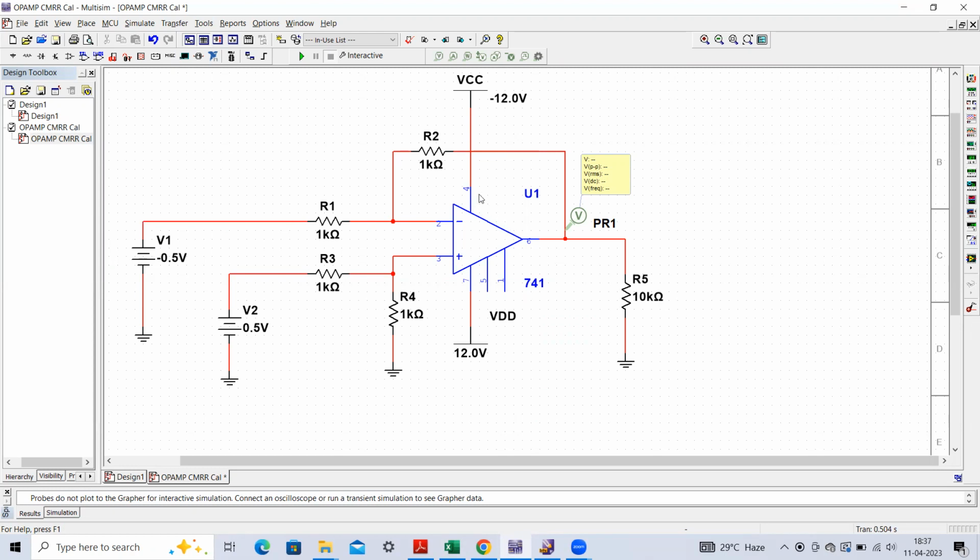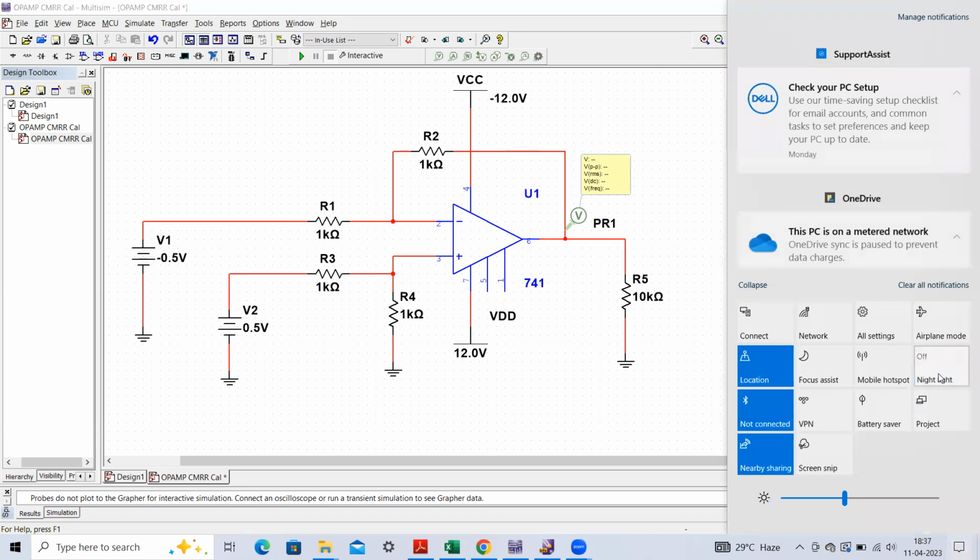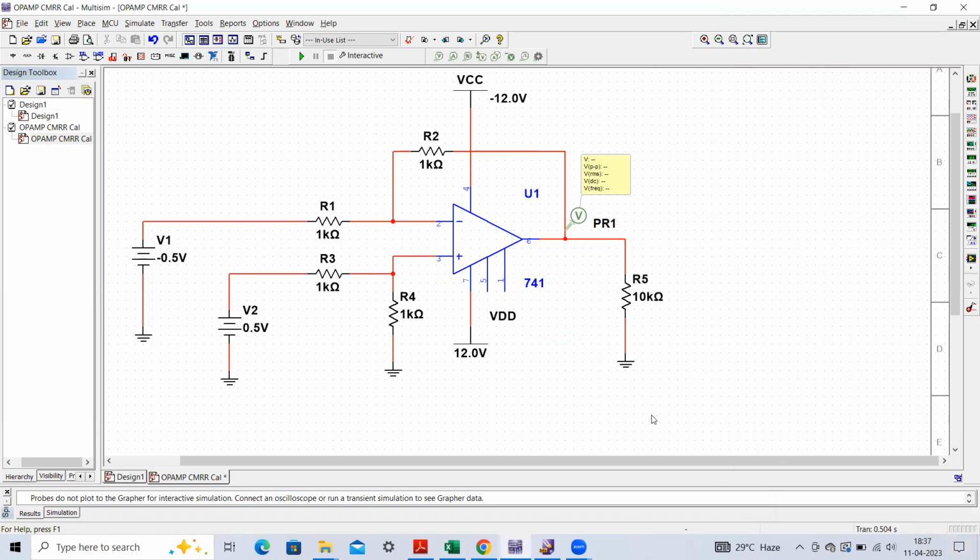With pin number 4, we have to connect the minus 12 volt supply. You can even connect minus 15 volt, no issues. So I have connected minus 12 volt, and here you can connect plus 12 volt, right? This way we have to make our connection. Then I have connected minus 0.5 and 0.5.